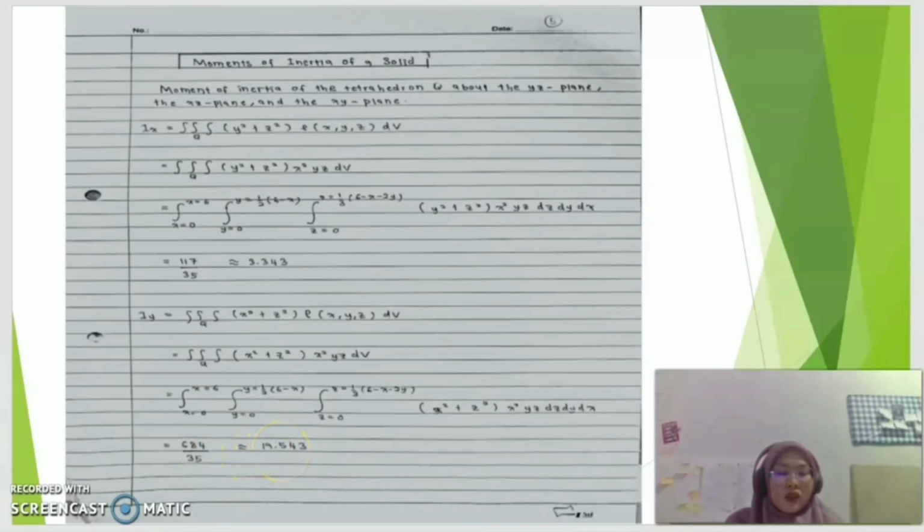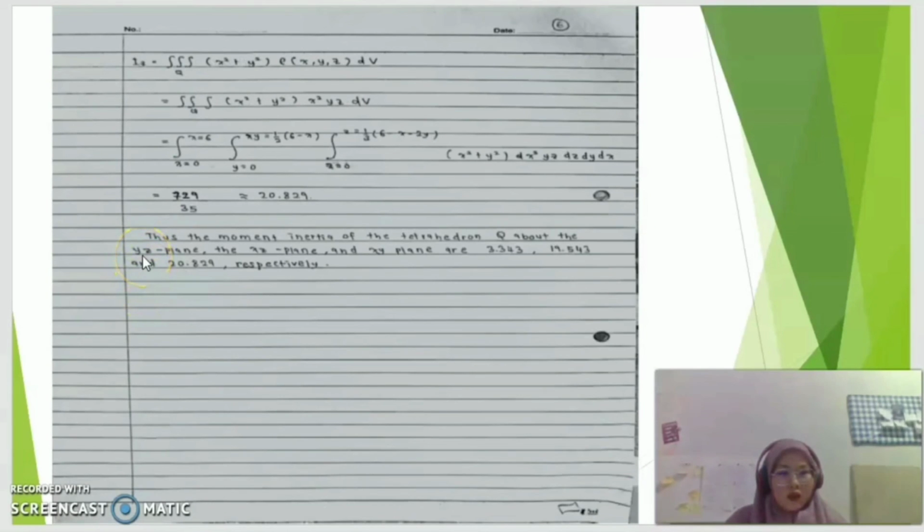The last one, the moment of inertia Iz, we do a triple integral of (x² + y²) times rho times xyz dV, and we got the value of 729/35, which is 20.829.